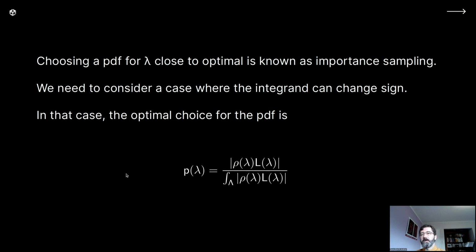But the answer is not very different. You just have to take the absolute value. So instead of taking rho of lambda, L of lambda, you take the absolute value of them and you normalize again by its own integral, so that the integral of P is equal to 1 and P is a PDF.